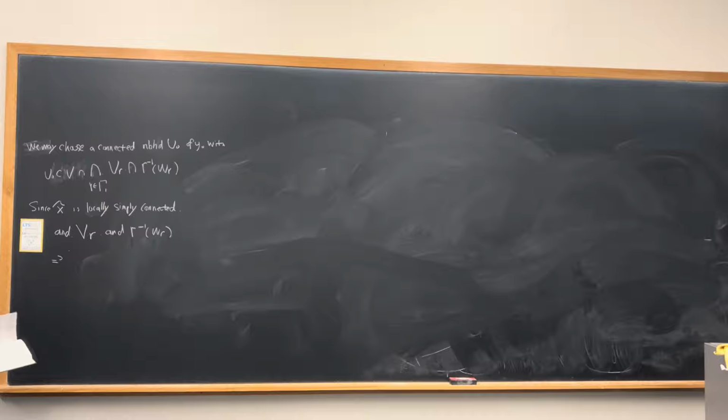If you have a set that is relatively compact, does this imply that... Oh, okay. So this V is a relatively compact neighborhood. So this V is open.